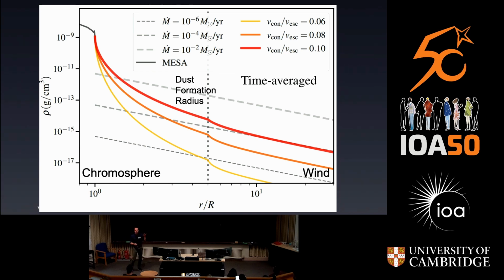And that's what supernova observers tend to do when they model these stars. So what I think is happening is that these large densities are basically the density of this chromosphere, which is in kind of quasi-hydrostatic equilibrium. It's not really the wind itself that we're seeing. The wind doesn't form until the dust formation radius, which is roughly 5 times the radius of the star.